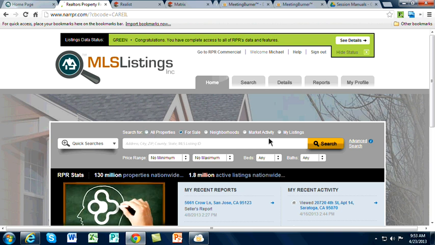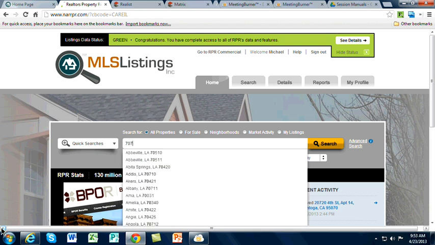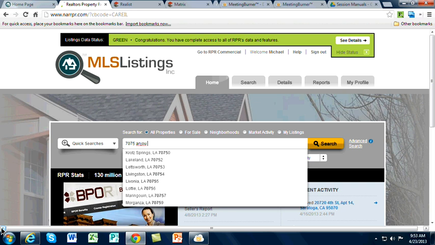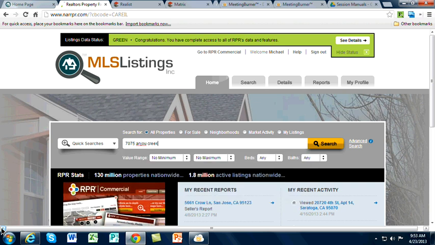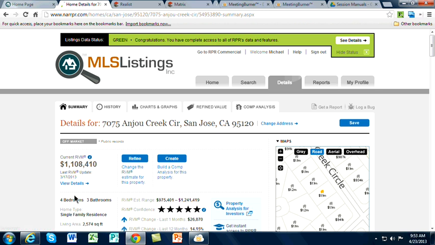Now, to show you the power of the Realtor Property Resource, notice the default setting is for sale, neighborhoods, market activity, my listings. We're going to click on all properties, and you have to give me the address. It's 7075 Anjou Creek. And again, I'm going to see how good it is. I don't think there's a bunch of Anjou Creeks. There we are. Look at this. This is an RVM.